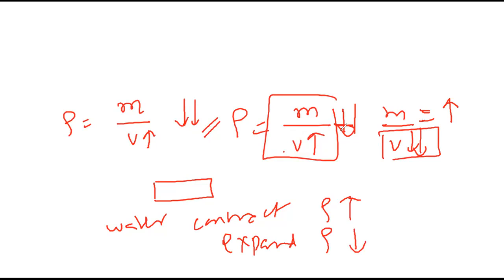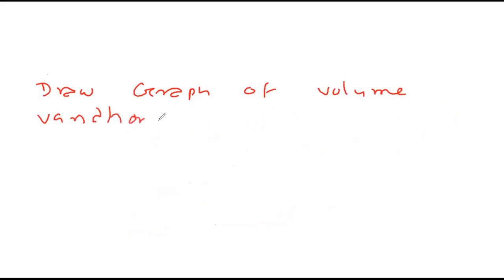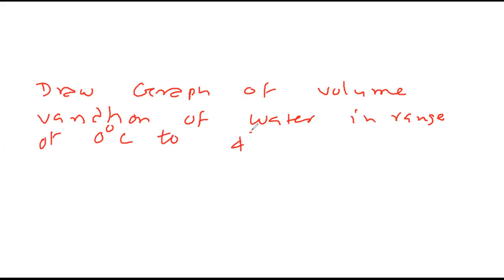So most of the time they will ask you to draw the graph of volume variation of water in the range of 0 degree Celsius to 4 degree Celsius, and then the density variation. Very important for your school.